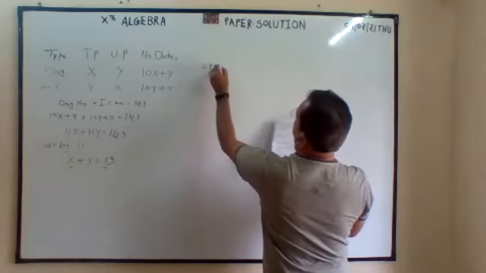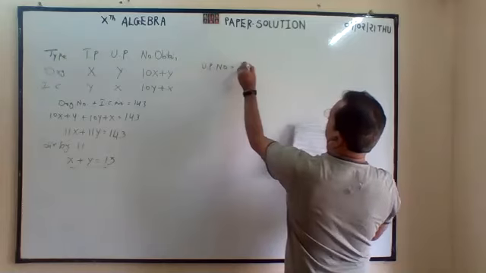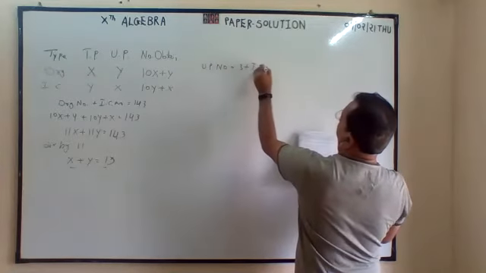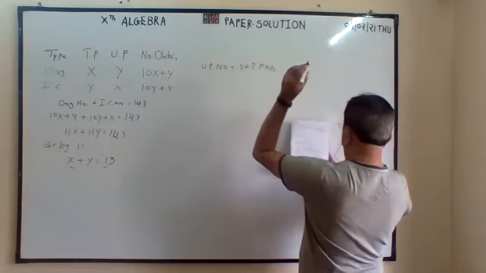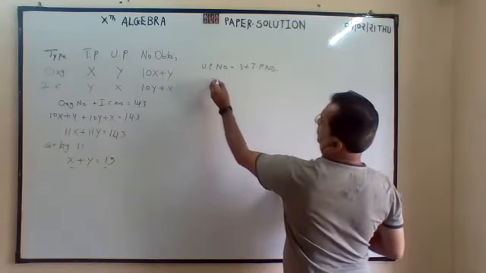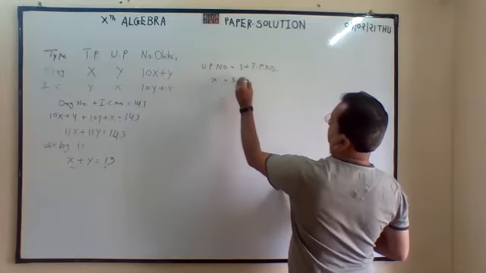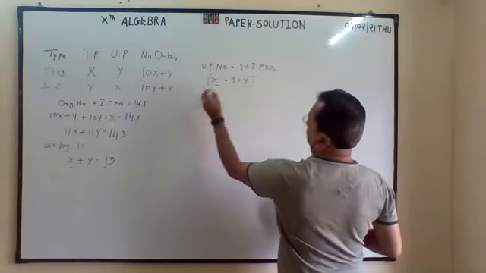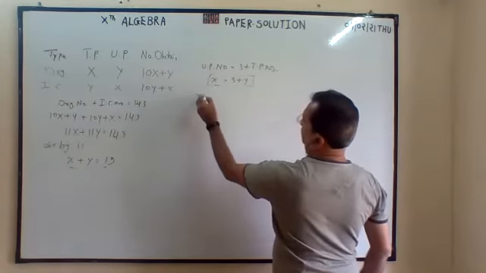Unit place number is 3 more than 10th place number. So the unit place number is x, that is 3 plus y. Substitute this in x plus y.